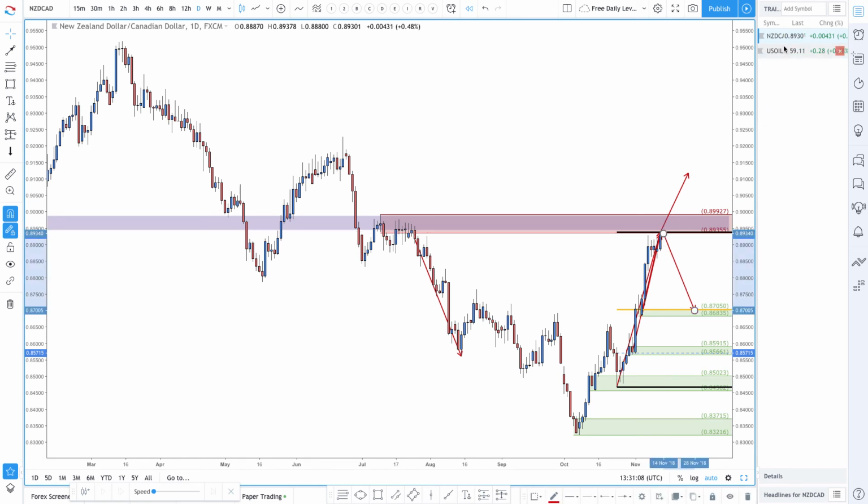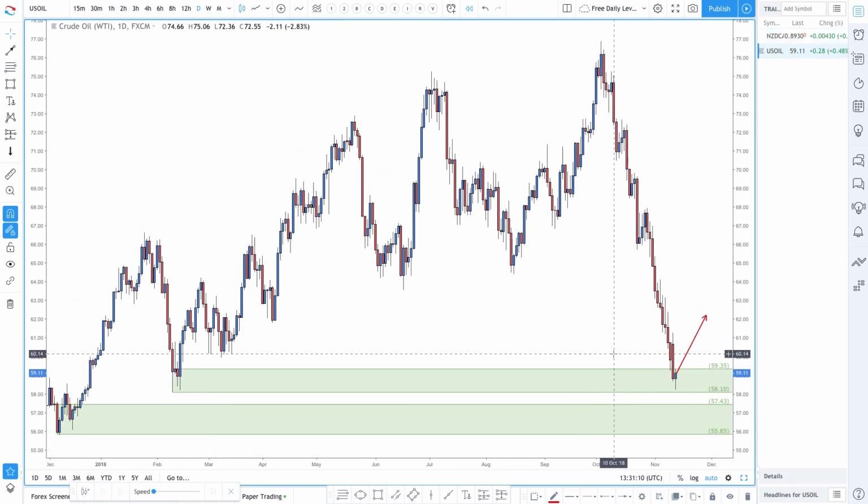So whenever looking at a currency pair, look at any commodity. If it's a commodity currency like the Australian dollar as well, then you want to look at correlated markets and look at their levels and see whether there is buying potential.